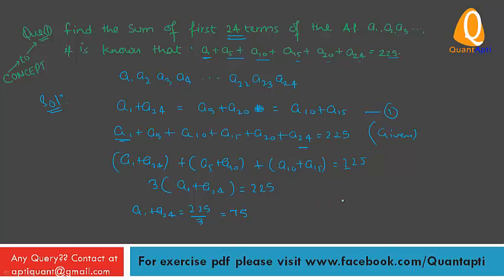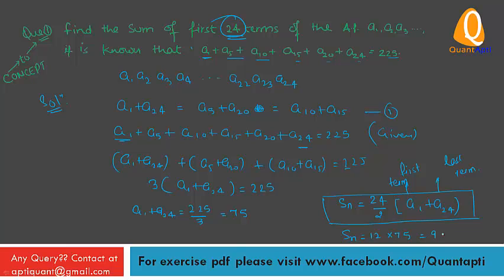Then the sum of the first 24 terms is given by 24 divided by 2 into a1 plus a24. This is the formula, where a1 is the first term and a24 is the last term. This is the second formula for the sum of the AP. Now Sn is equal to 12 into 75, that is 900.